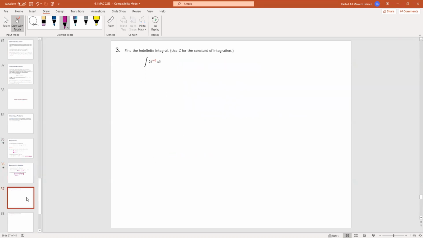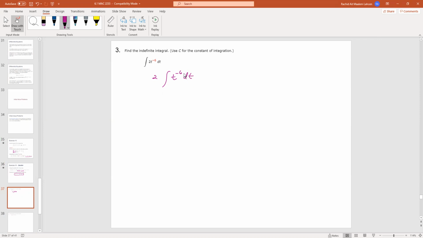So let's look at some examples. Find these indefinite integrals. We're going to put a 2 outside. Here, dt, so the variable of integration is t.